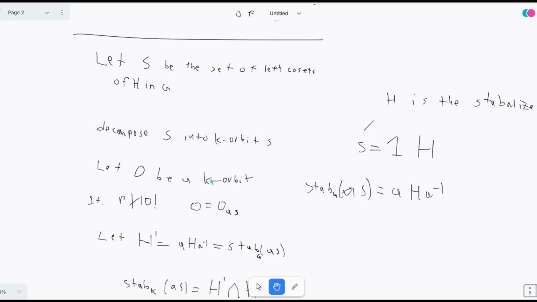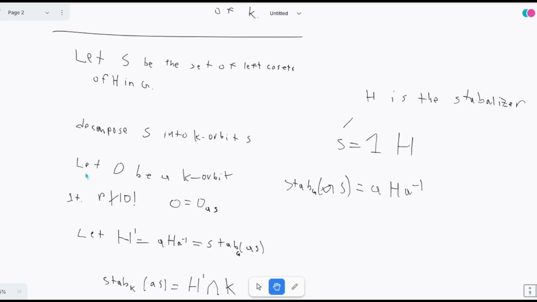So then after that, with that setup, just to reiterate, we decomposed S into K orbits, and then one of the K orbits had to have order prime to P, since the order of S itself was coprime to P. And then we let AS be the element that O is the orbit of, where S is H, really, so it's AH that O is the orbit of.